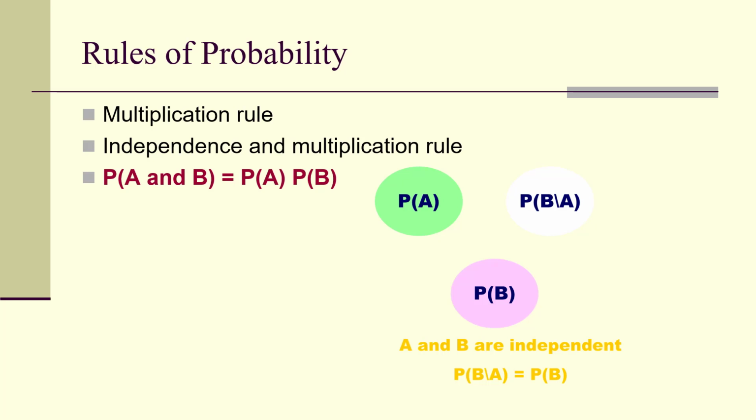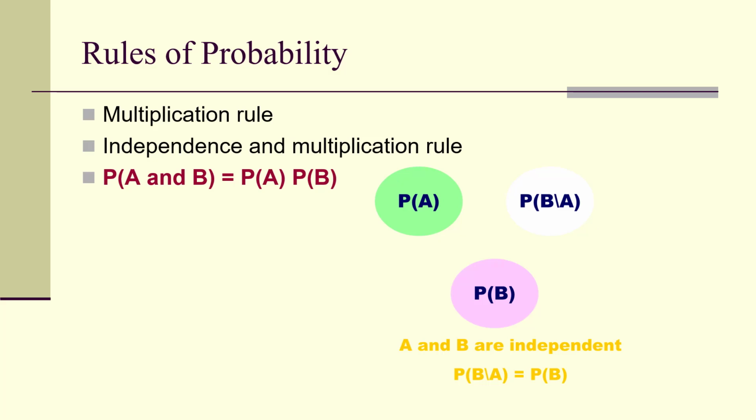In some cases, the first event happening impacts the probability of the second event. We call these dependent events. In other cases, the first event happening does not impact the probability of the second. We call these independent events.